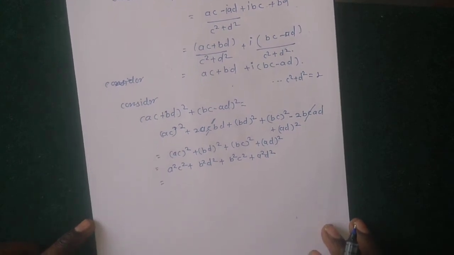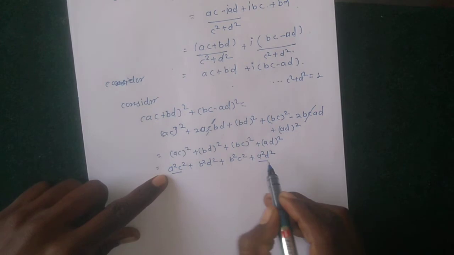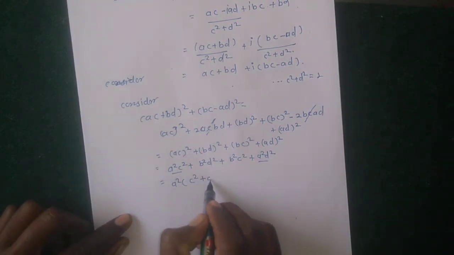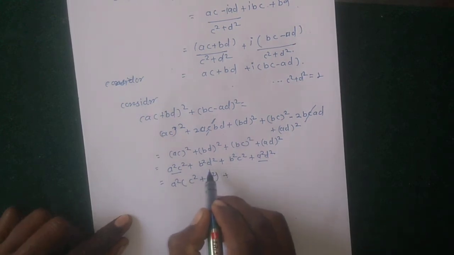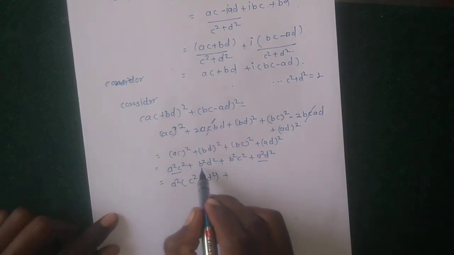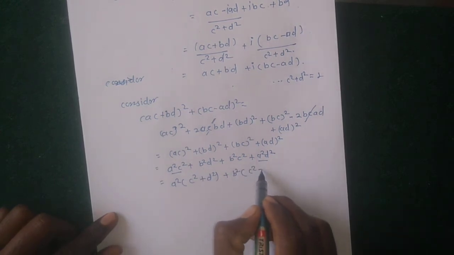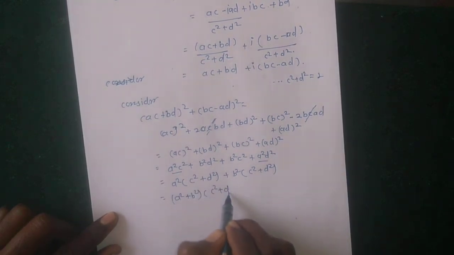Then taking common here, this term and this term, the common element is A square, and the remaining part is C square plus D square, plus similarly this term, here the common element is B square. Then B square common, C square plus D square, we get A square plus B square into C square plus D square.